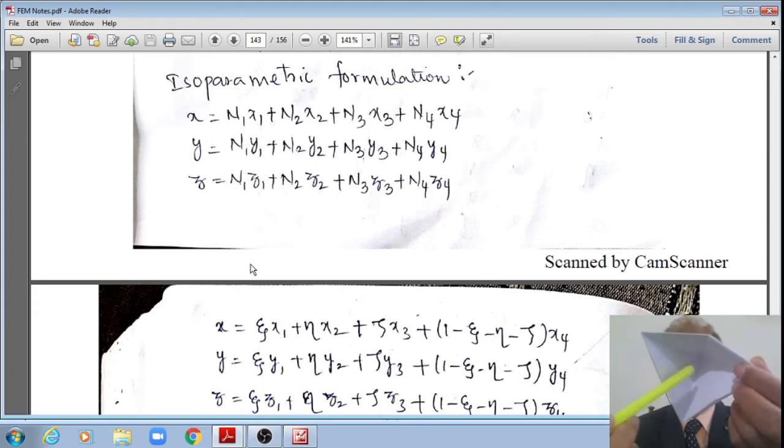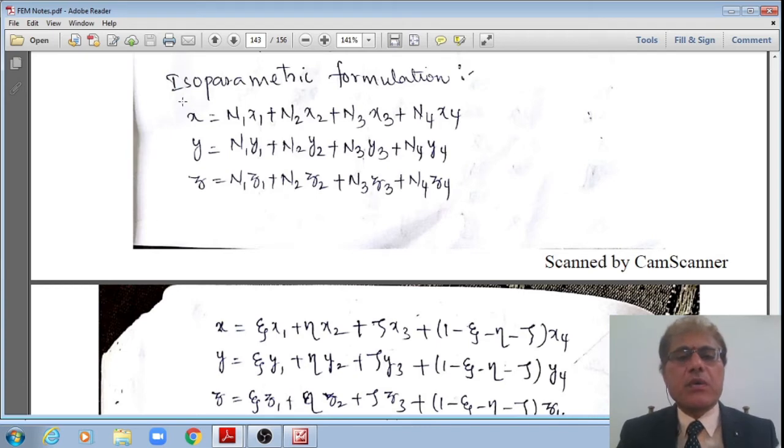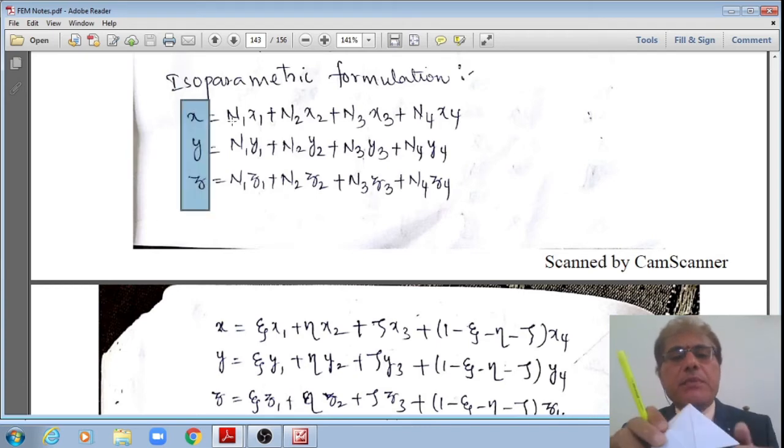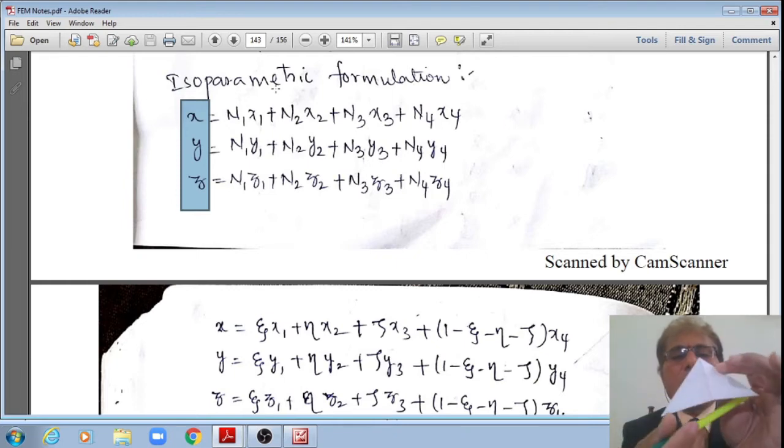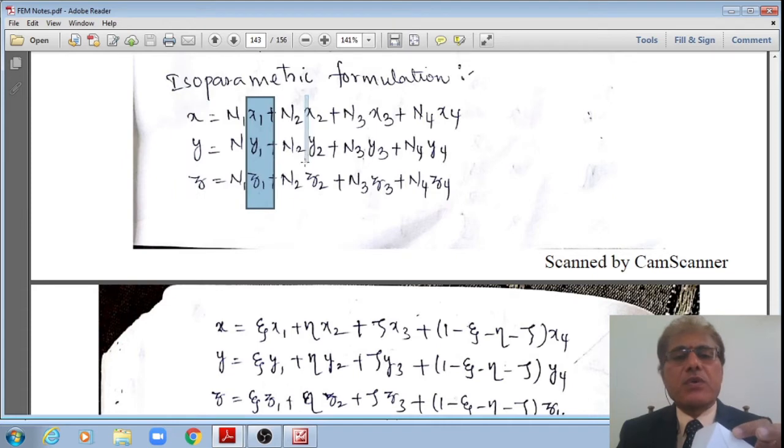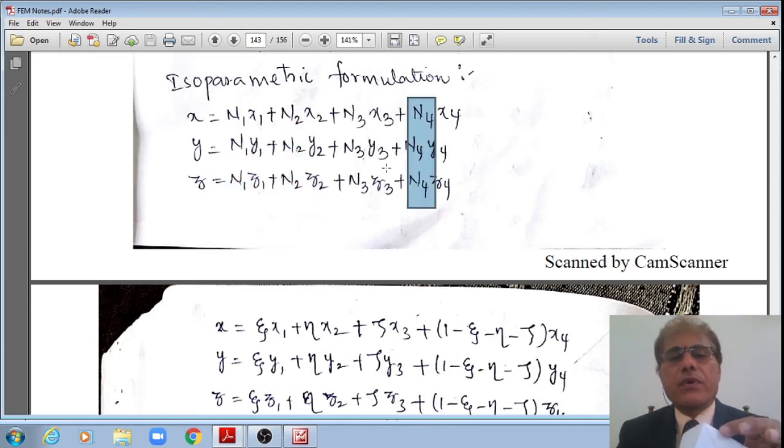The coordinates of that interior point P are given by x, y, z. These x, y, z can be interpolated using the Cartesian coordinates of these four nodes as x1 y1 z1, x2 y2 z2, up to x4 y4 z4, using those same shape functions N1, N2, N3, N4, right?